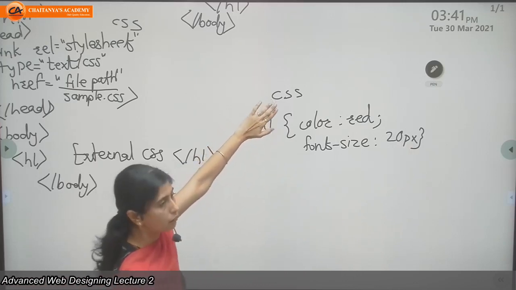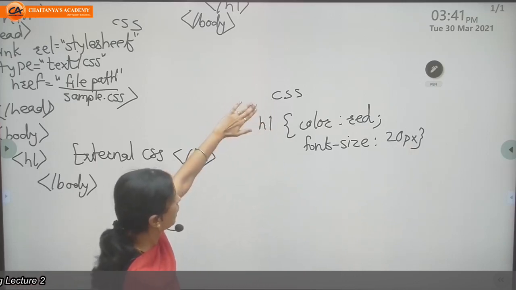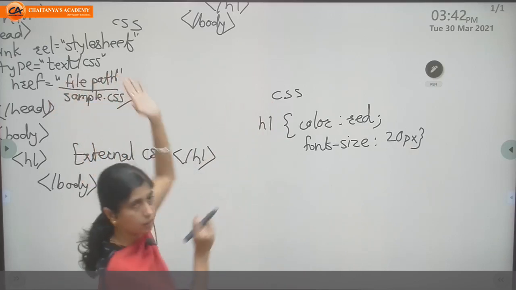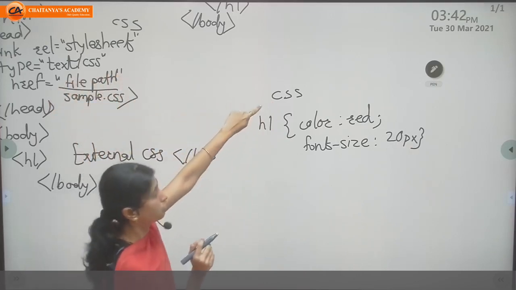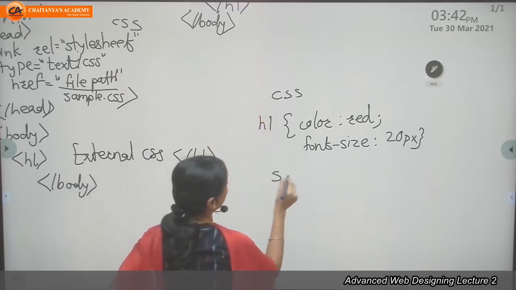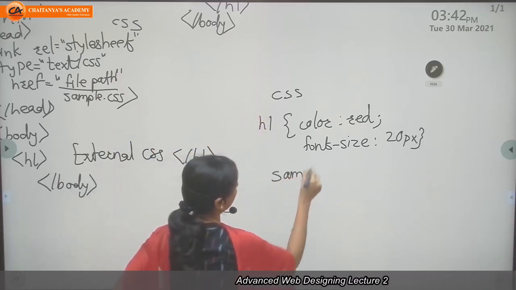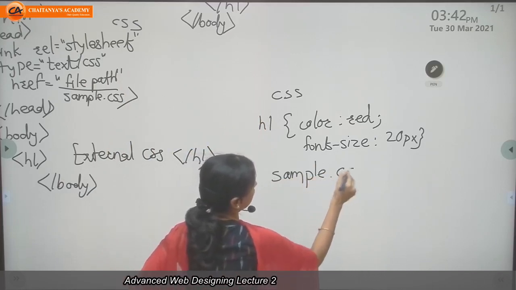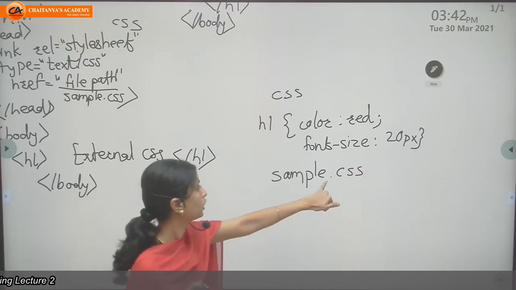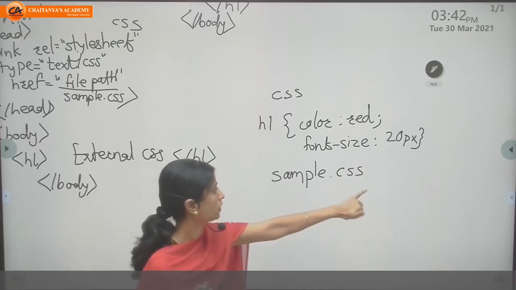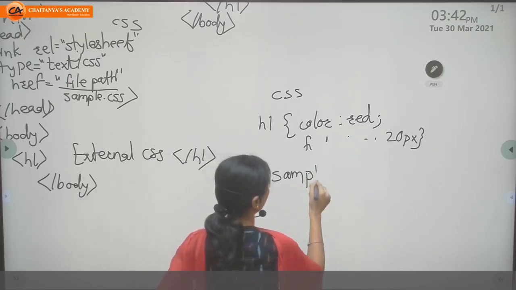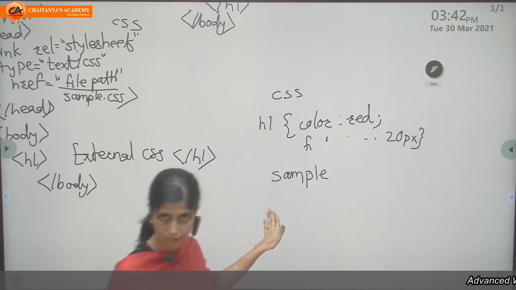Whenever I want to save this file, I have to save it the same way we save HTML. Write the name of the file, for example sample.css. We need to save this file with .css. If we write only sample, then our file will be a text file.